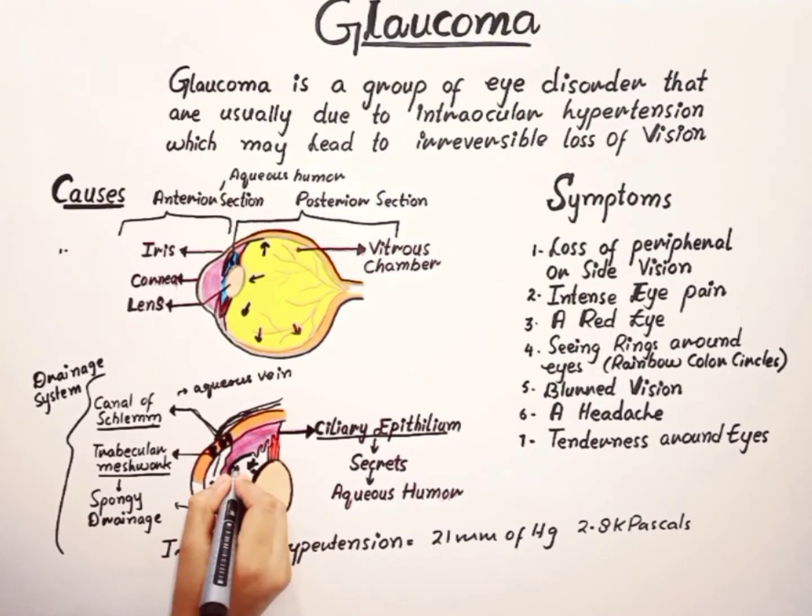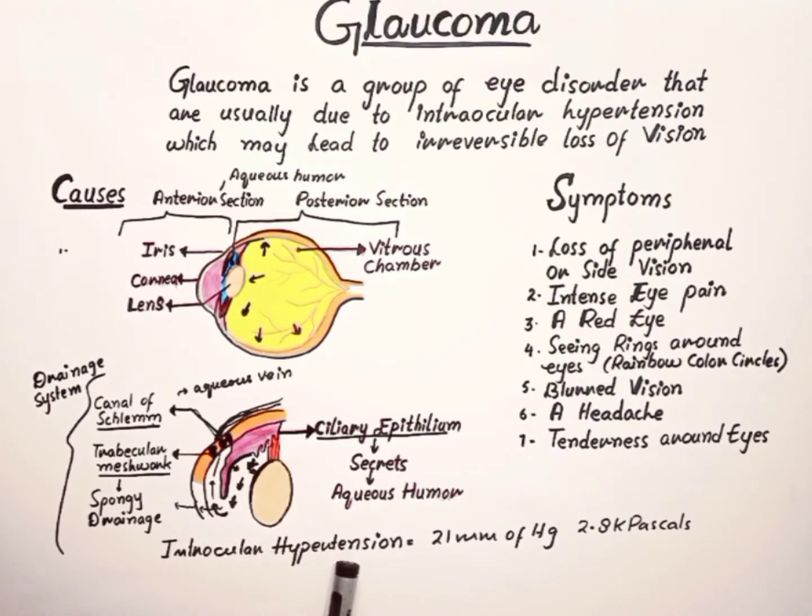When the blockage occurs, the pressure will build up in this narrow space and the patient suffers a lot. As a result, intraocular hypertension takes place. What is this intraocular hypertension? It is a pressure greater than 21 mm of mercury or 2.8 kilopascals.